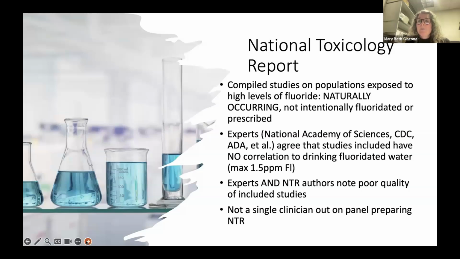And here again in the US, we're even lower than that. We have 0.7 parts per million fluoride. And just as a side note, the National Toxicology Report had quite a few authors on it, but there was not a single clinician, whether that be a medical or dental professional, that was included as one of the authors.